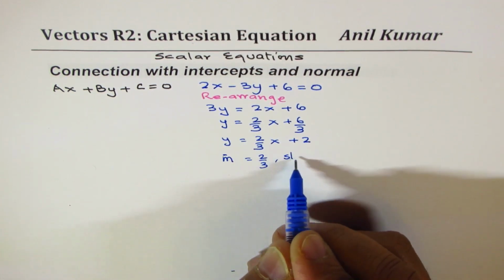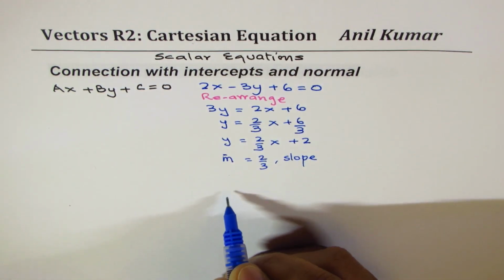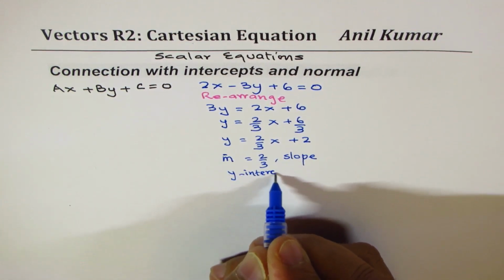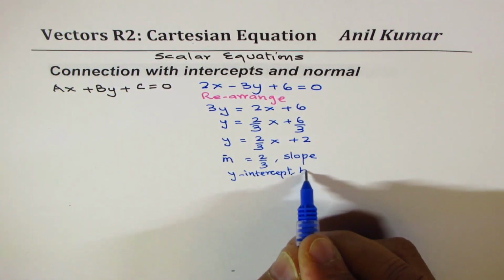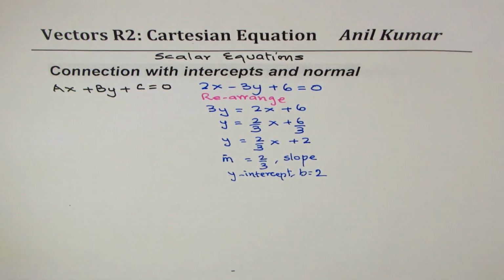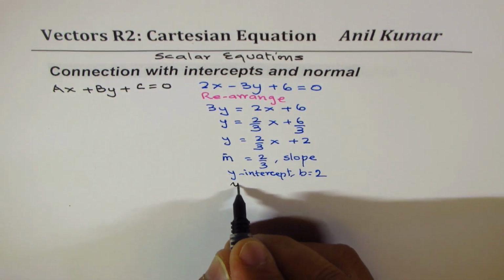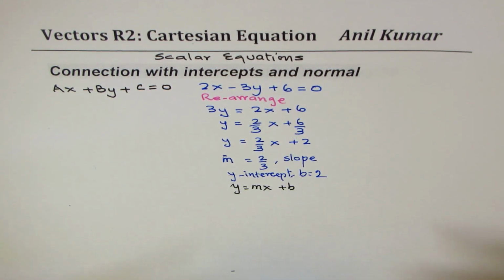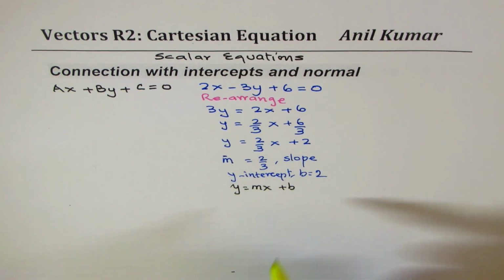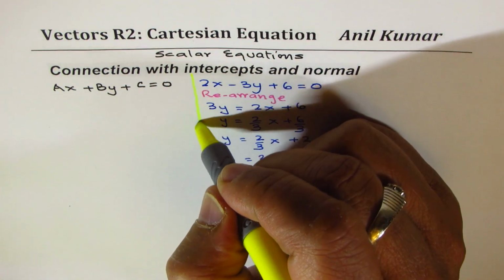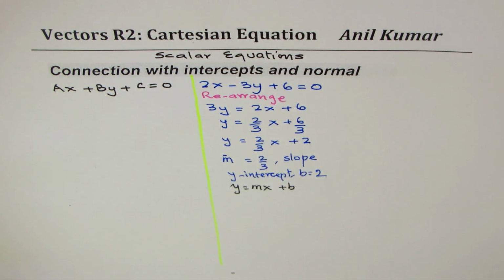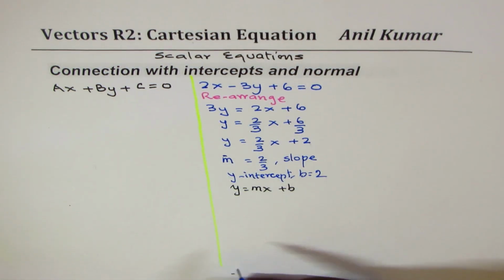That's the slope we had been talking about. And y-intercept, which is b, is equals to 2. When we compare this with y equals to mx plus b equation which you have learned so far, good? So that is kind of the background which I've given you about the direction and slope from such an equation.